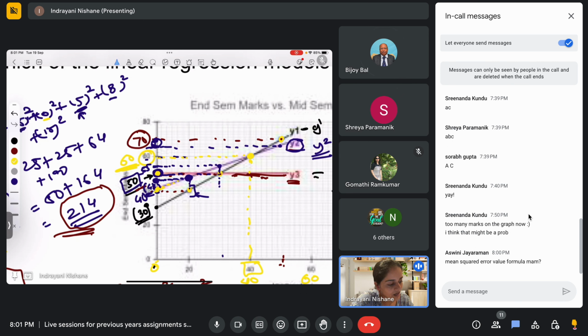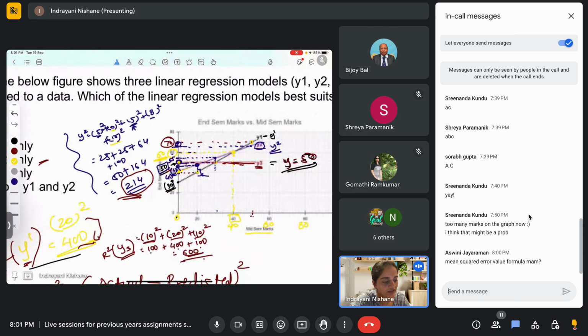So what will be the difference? 10. So we have written 10 square. We will square everything and add. That comes to 214. What our theory says is that the mean squared error value should be minimum. The squared error should be minimum. So for which model does the squared error value seem to be minimum?